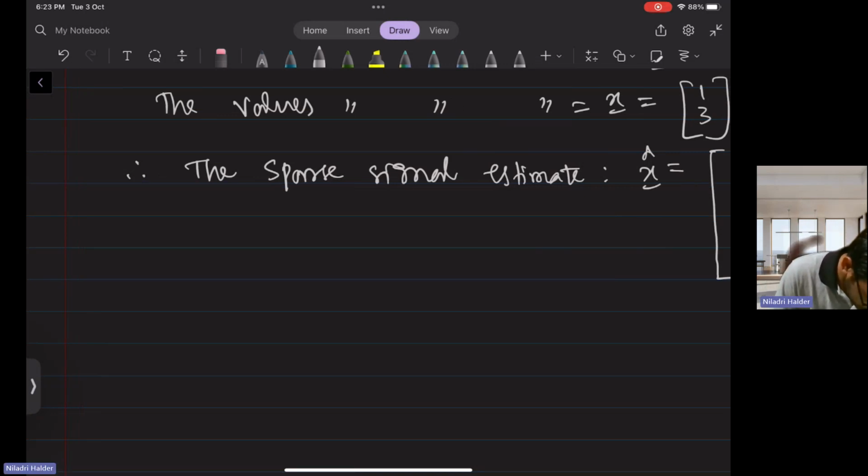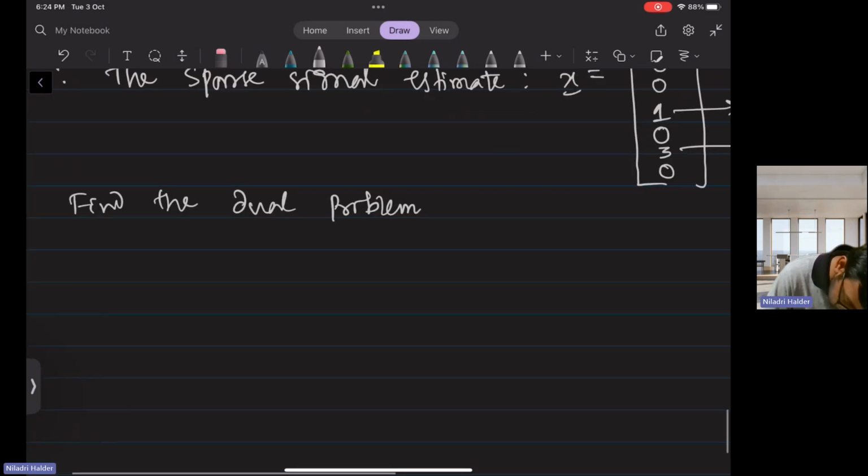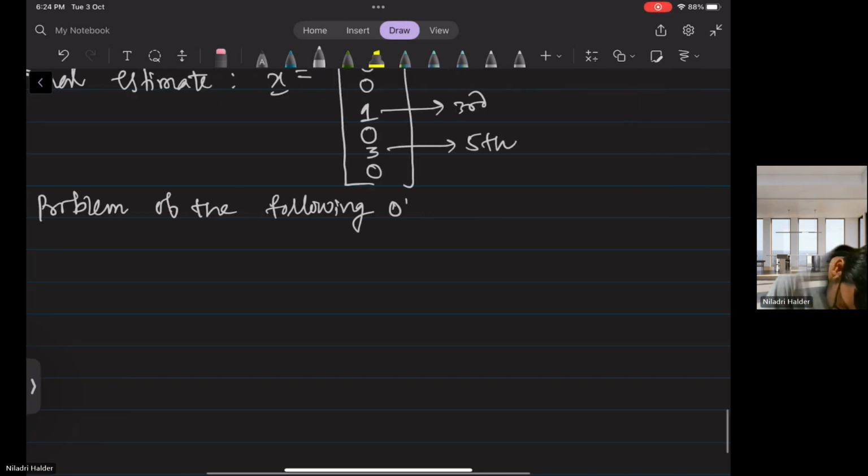And second problem is on the dual problem. Okay. So find the dual problem of the following optimization problem.